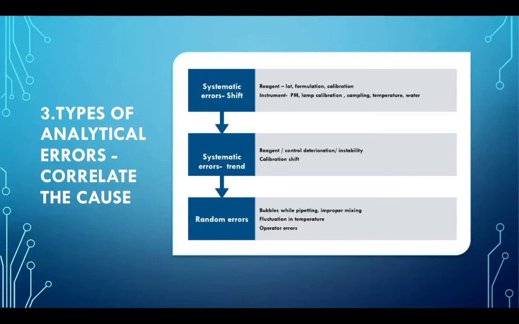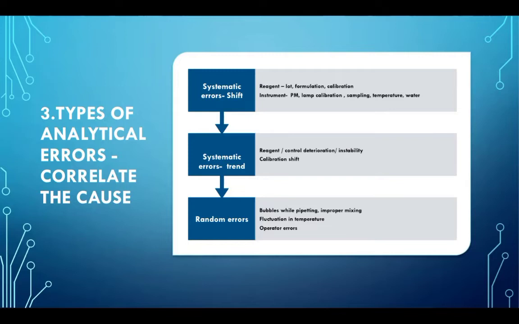This shift and trend shows systematic errors. Either gradual change in one direction, that is called trend, or sudden change and then that change is maintained, that is called shift. Whatever is there, it may be related to reagent, it may be related to instrument.